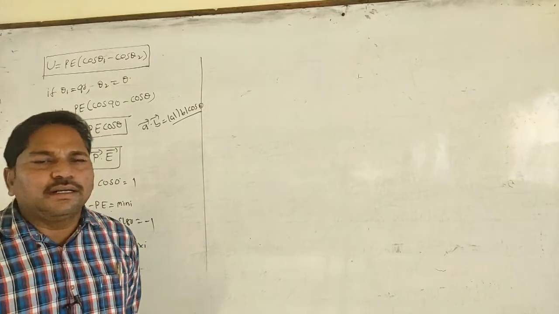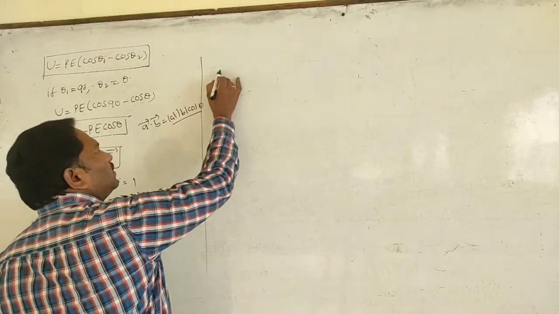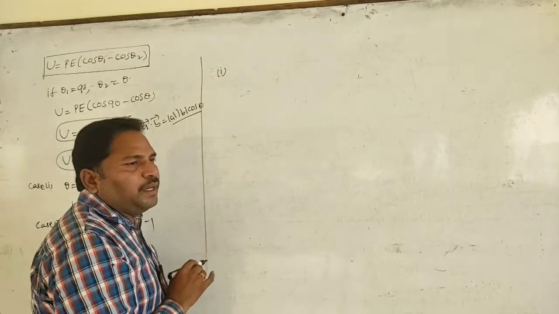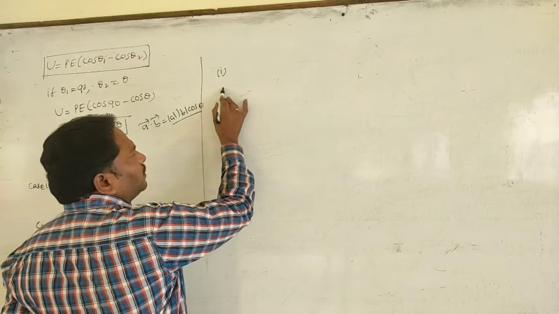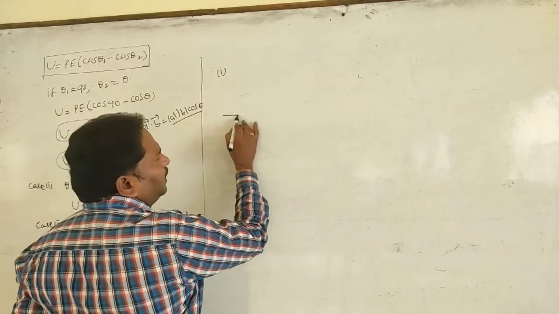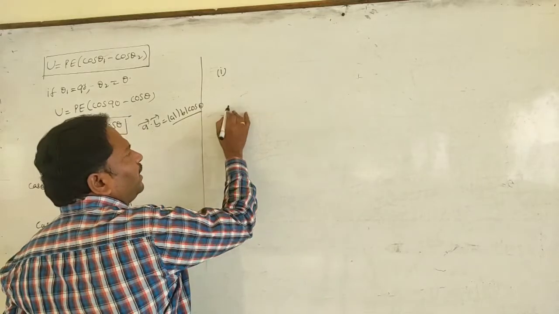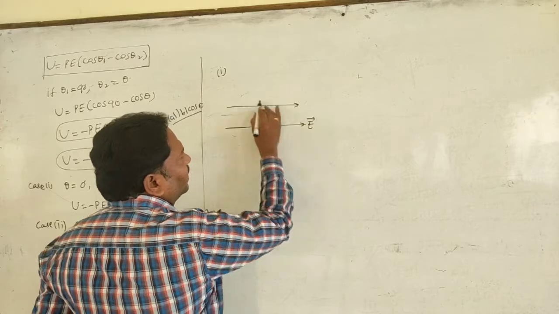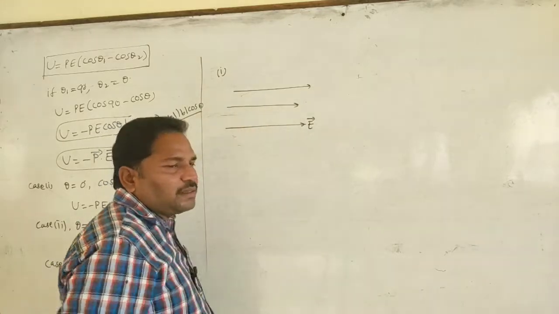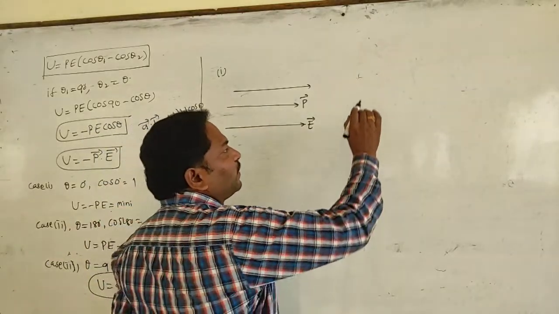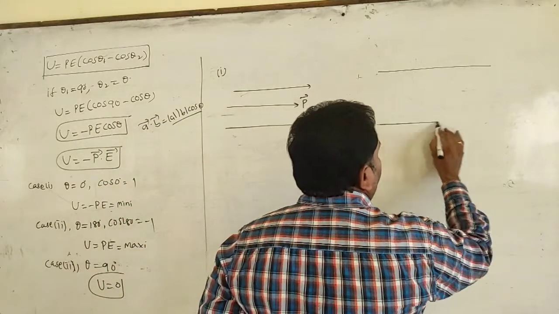So now there are 3 cases. One is called stable equilibrium, and another is unstable and neutral equilibrium. Suppose this is the dipole moment and the electric field is also in the same direction. Now we displace it from its position.